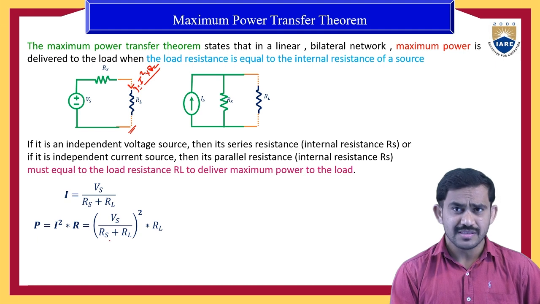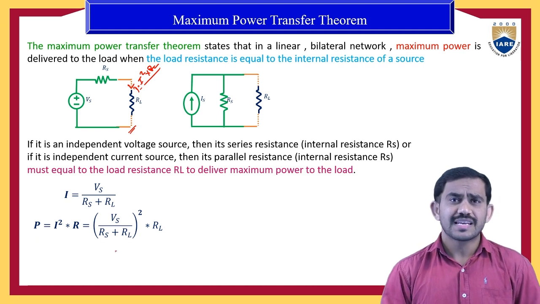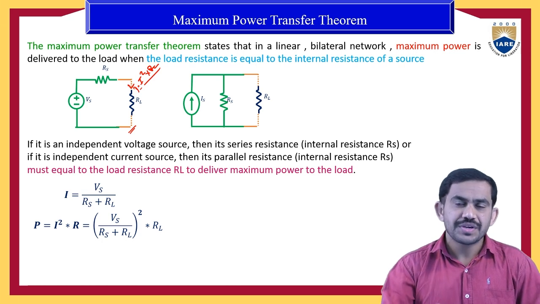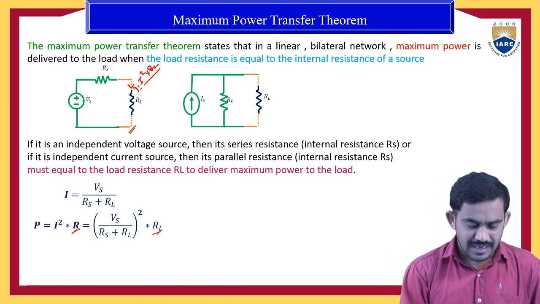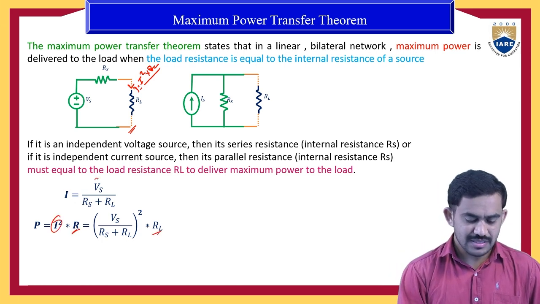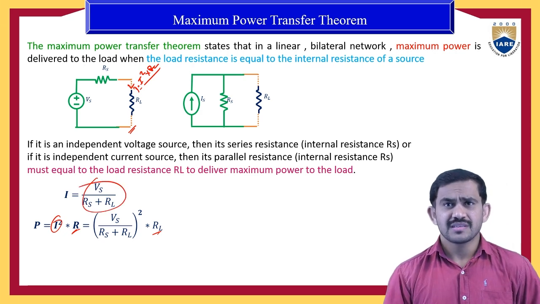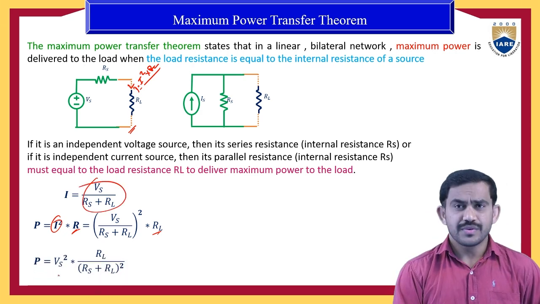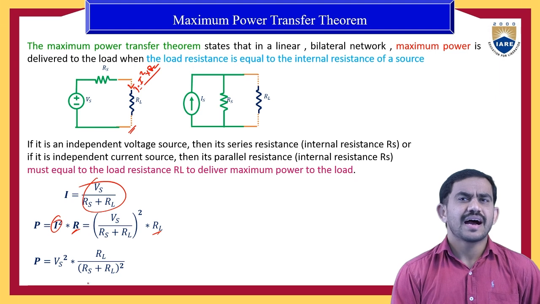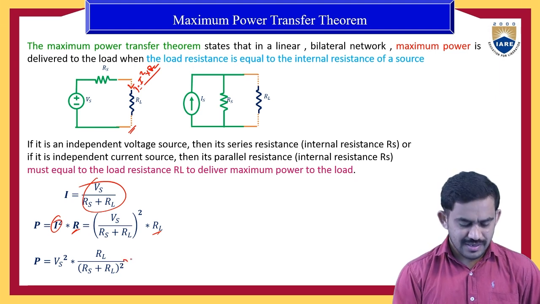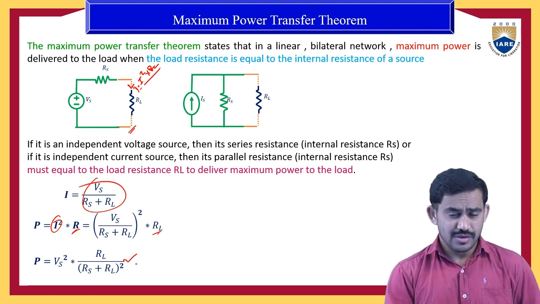Substituting the value of I, we get Vs by Rs plus RL whole square into RL. Solving this, we get V square into RL by Rs plus RL whole square. This is your power at the load.